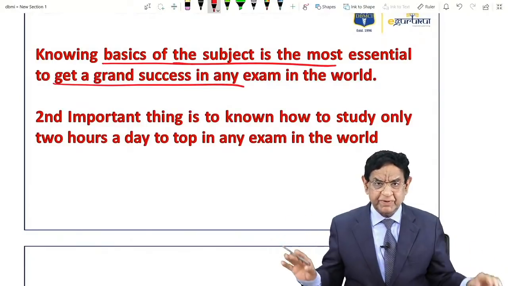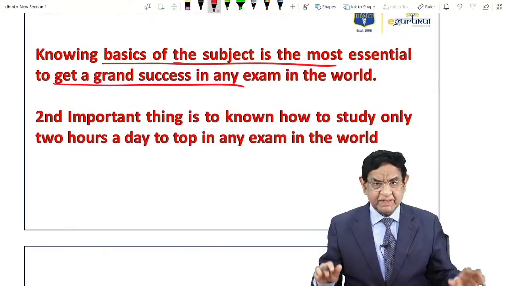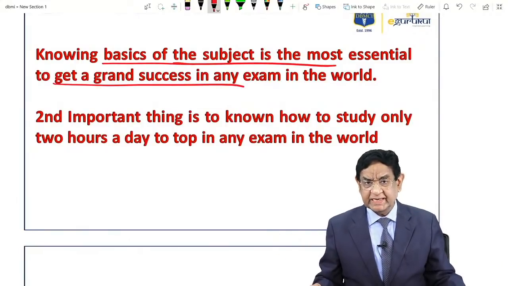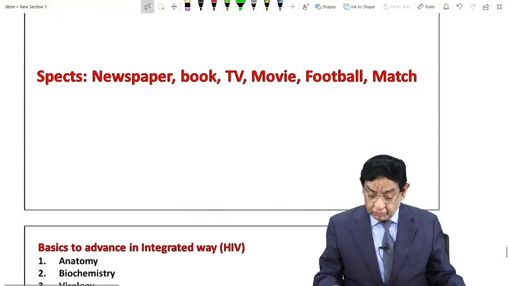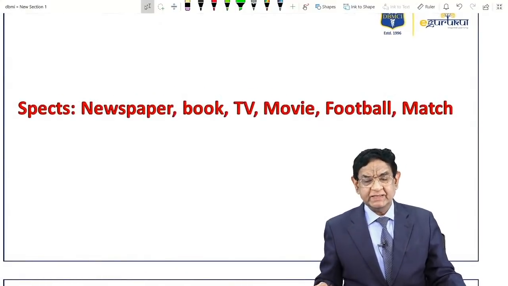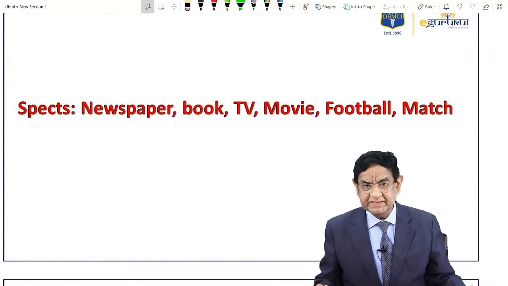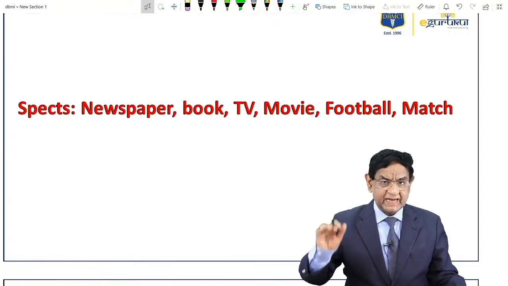And this one topic is the least known to most students, but now your concepts are absolutely clear. You can appear for any exam in the world, the point I'm saying again and again. Now, I give you one example. I say that basics should be very strong. If your basics are strong, you can write any exam in the world.